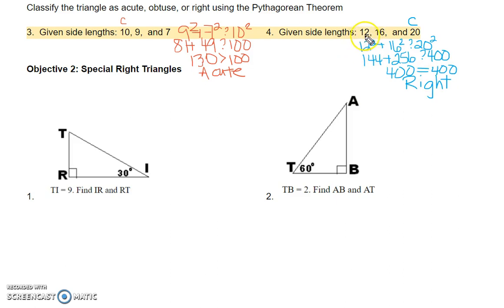This is also a Pythagorean triple. It is a 3, 4, 5 when it's multiplied by 4, which is a right triangle.